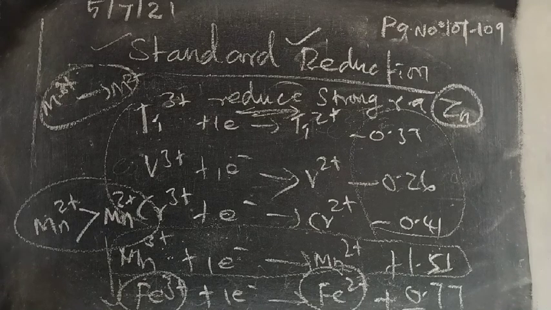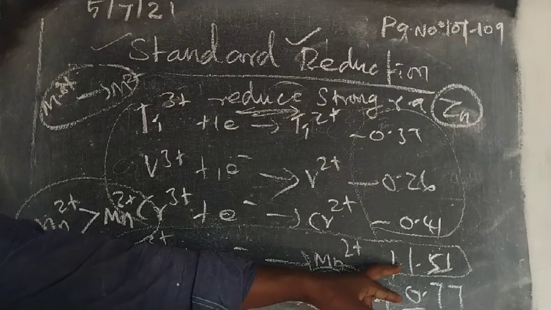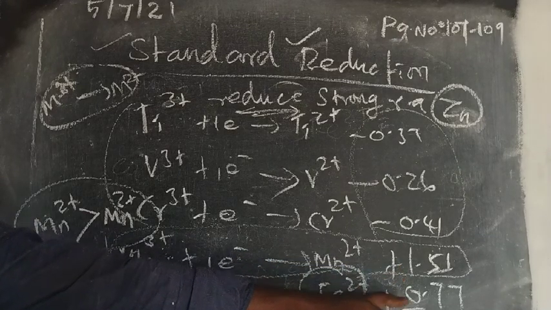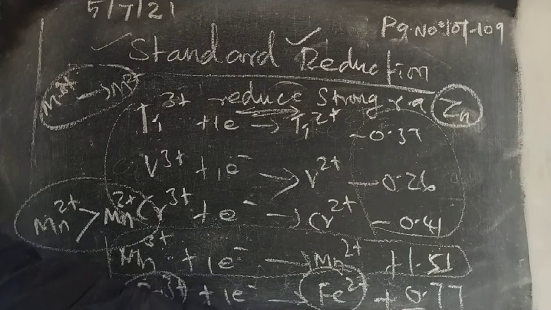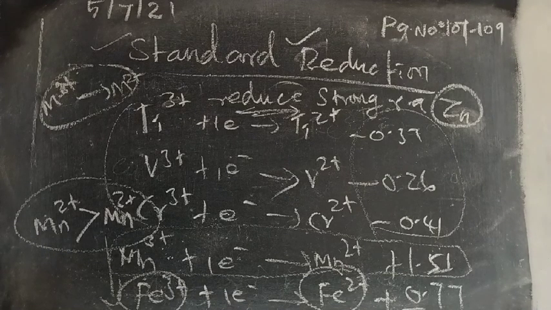Then we can see in this comparison, manganese to iron, a sudden drop. Manganese is 1.51, and suddenly it reduces to 0.77. Why, sir? A sudden change takes place in the reduction potential value.